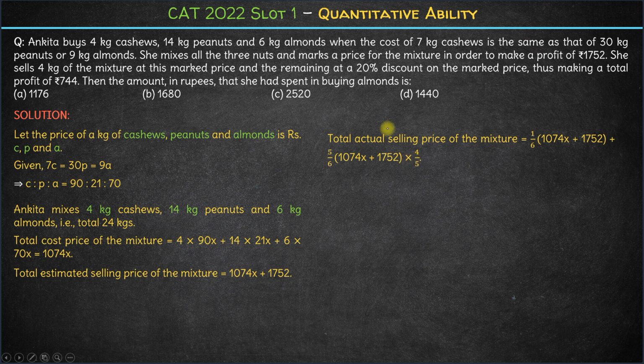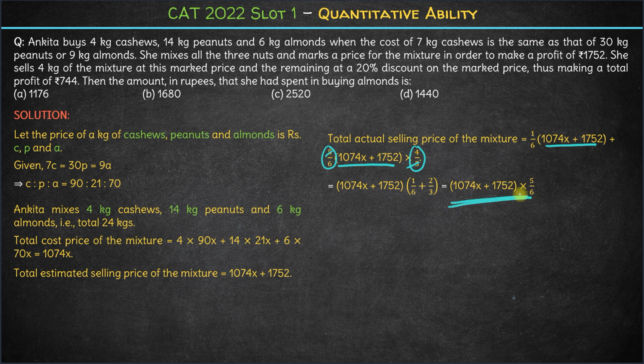Okay, so now if you take this common 1/6 from here plus 5/6 into 4/6. So 5 cancels out, 4/6 remains, and 4/6 when simplified is 2/3. And 1/6 plus 2/3 is 5/6.